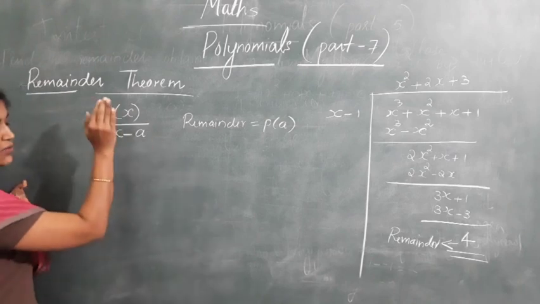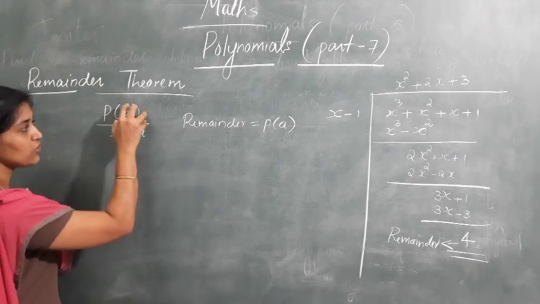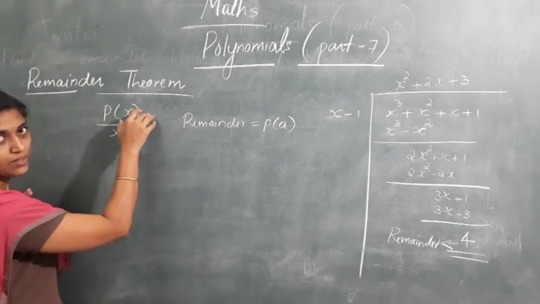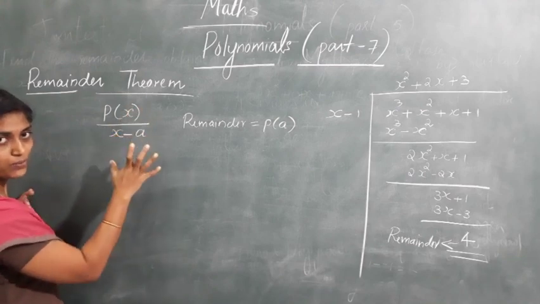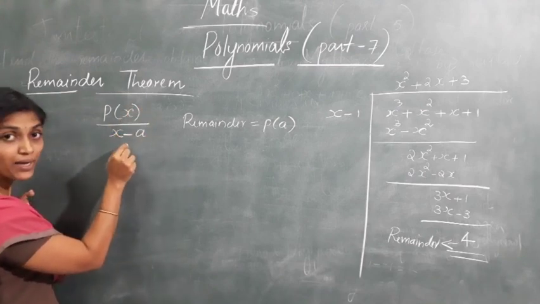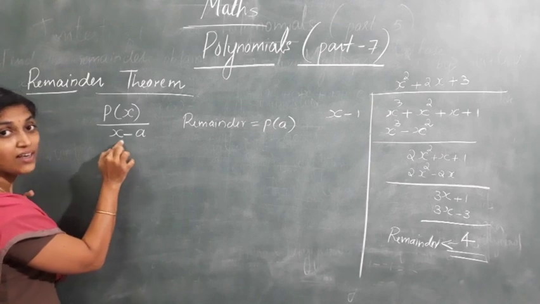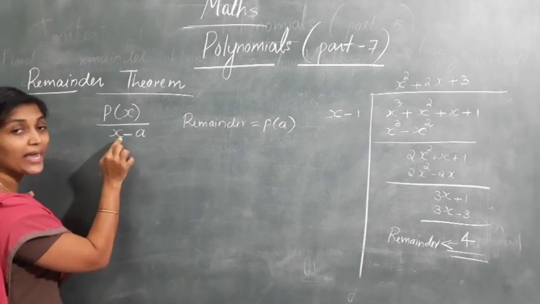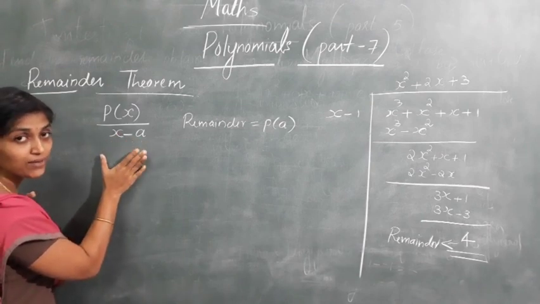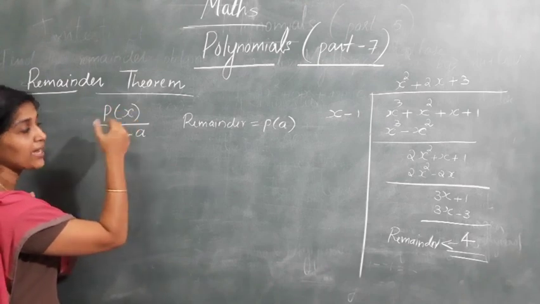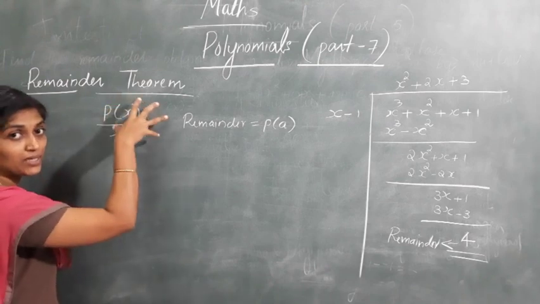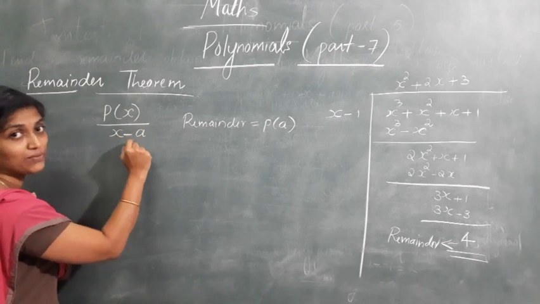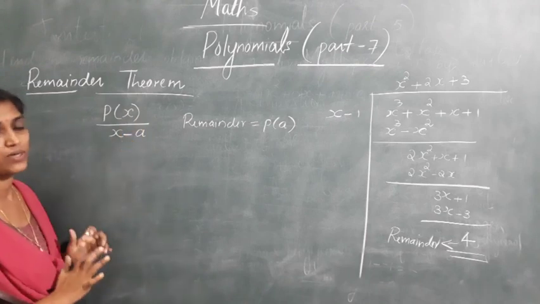So here our theorem states that p of x is a polynomial. It can be of any degree, no problem, but it must be a polynomial of degree greater than or equal to that of x minus a. We know that we can divide a polynomial by another polynomial only if the dividend's degree is equal to or greater than the divisor's.